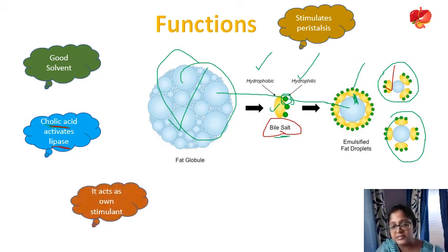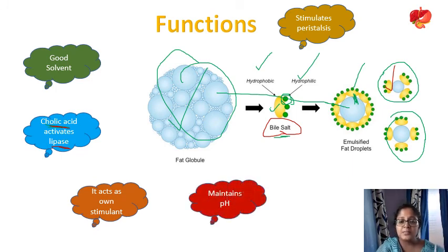As I already discussed, it acts as its own stimulant, the cholagogue function of the bile. Last but not the least, it maintains the pH. It has an alkaline pH.